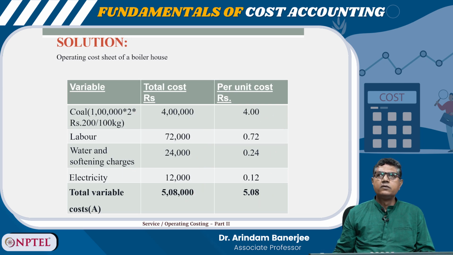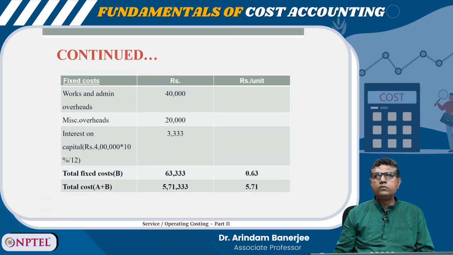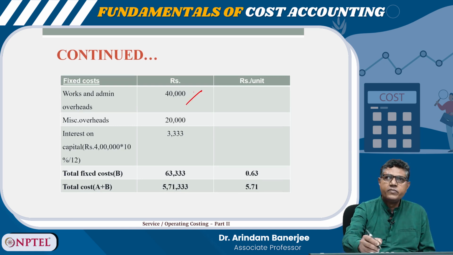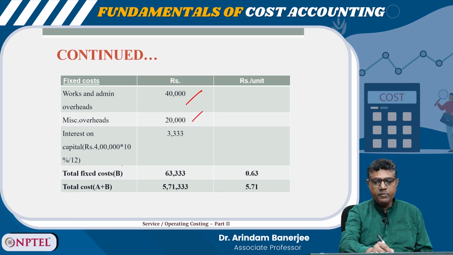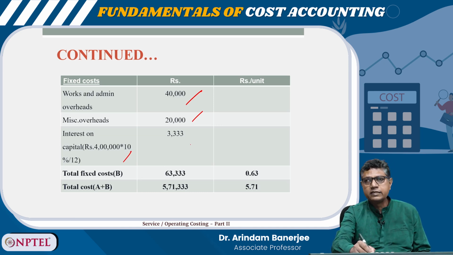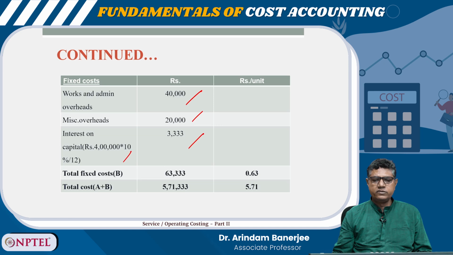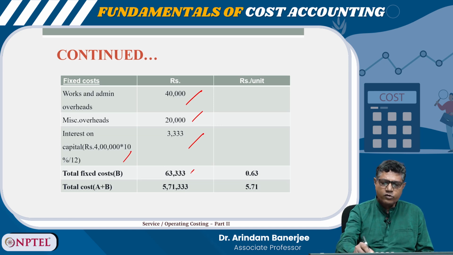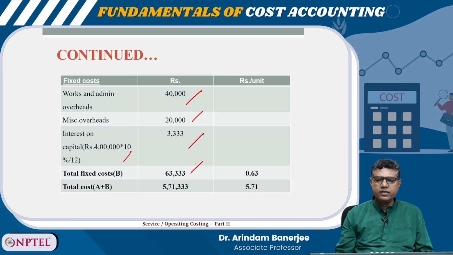Okay. So, now we can consider the fixed costs. So, works and admin overheads 40,000, miscellaneous overhead 20,000, interest on the capital, right, it is 10% per annum. So, if I calculate, it is coming to 3,333. So, if I add, total fixed cost is 63,333, right.